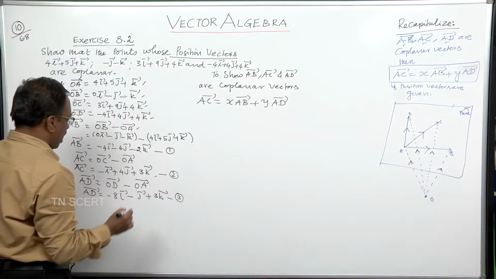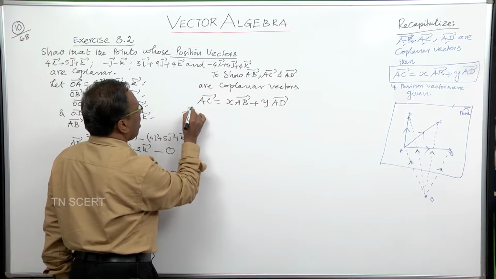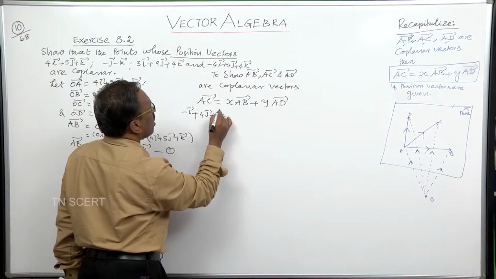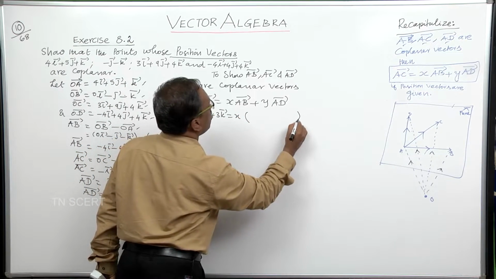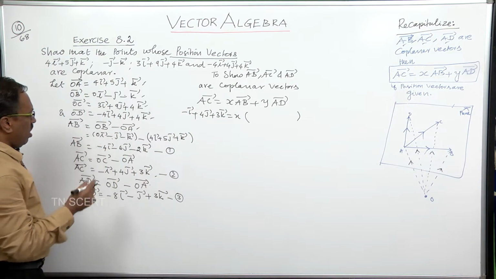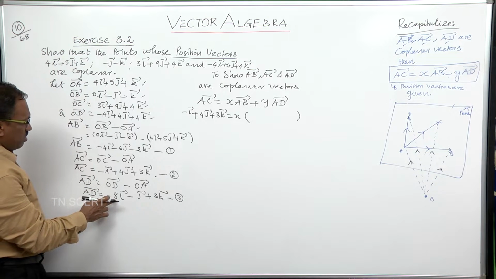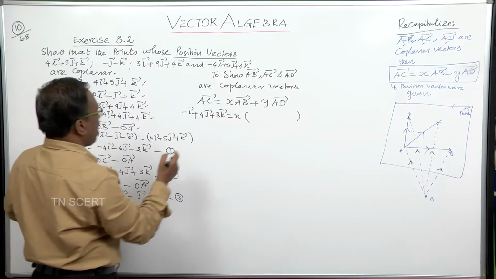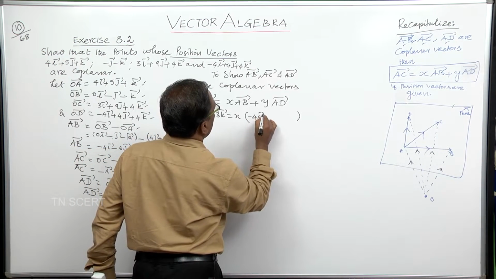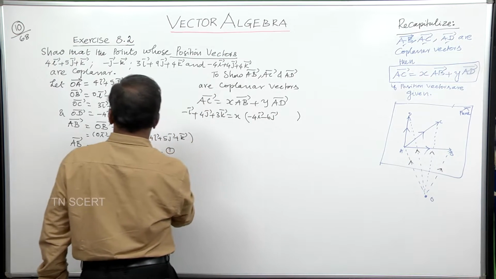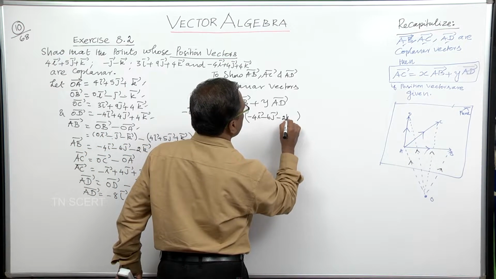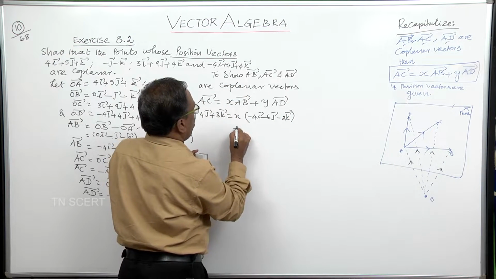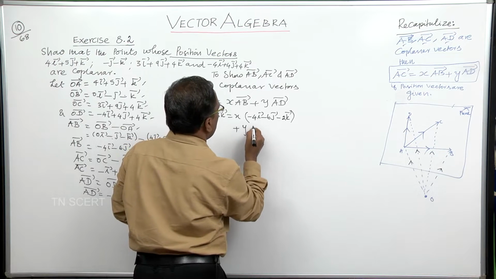You take this second vector, that is minus i plus 4j plus 3k, and x into AB, y into AD, that is minus 4i minus 6j minus 2k, plus y into AD vector.